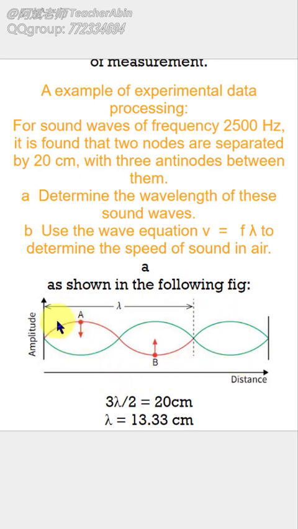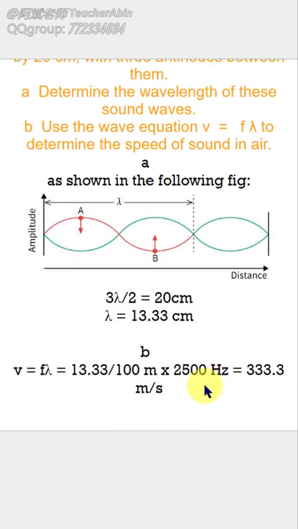So there are 3 separations, and each separation is equal to half of a wavelength. So we get 3 times half wavelength equals 20 centimeters. Then we get lambda, which is the wavelength, equals 13.33 centimeters. That's for question A.